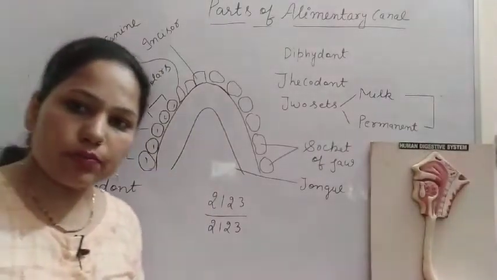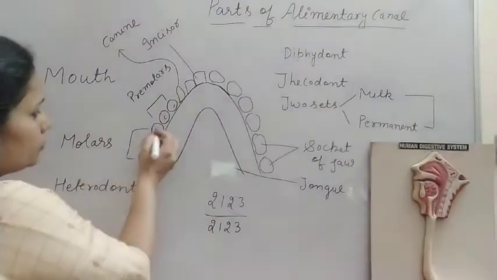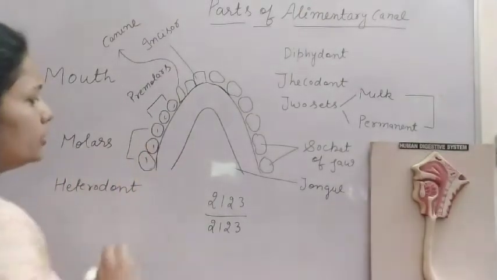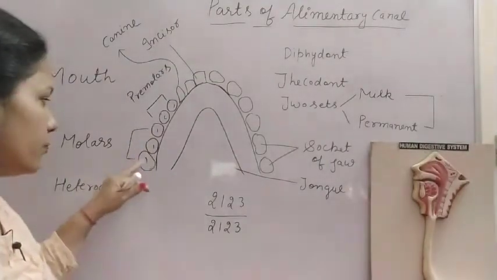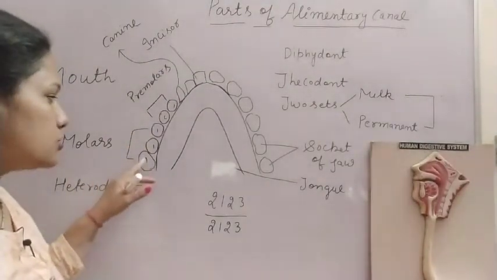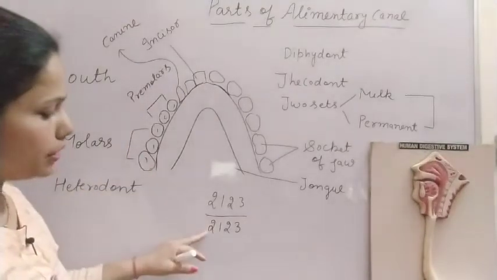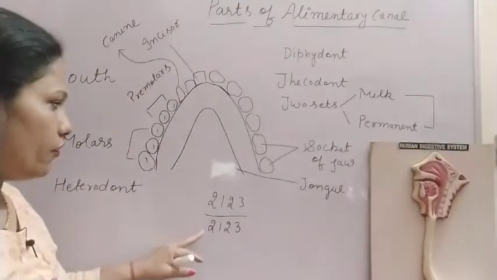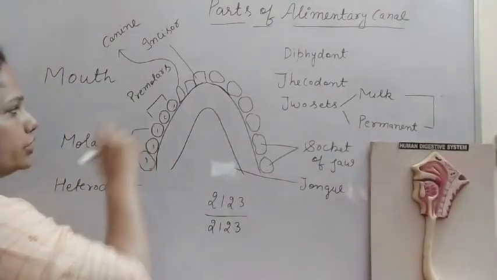So the first type of teeth is known as molars. There are 3 molars here, or we can say 2 pairs of molars in the upper jaw and 2 pairs of molars in the lower jaw. So you can count here 1, 2, 3.